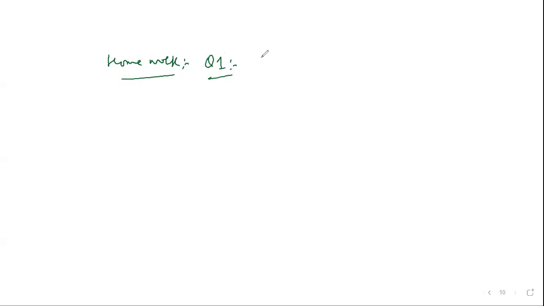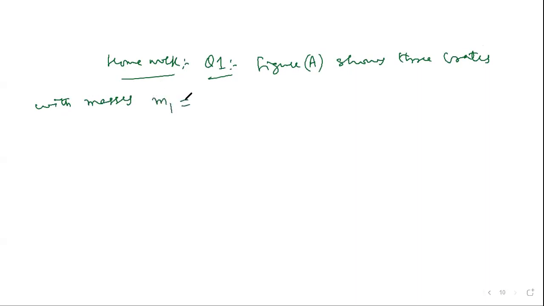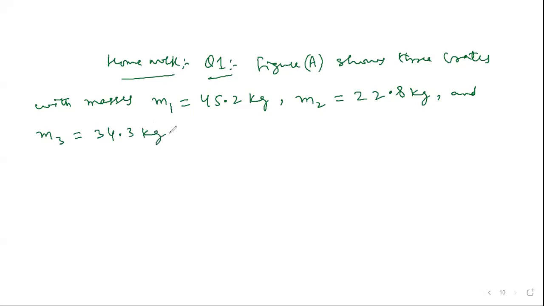Question says, figure A, I will give you the figure, shows 3 crates with masses M1 equal to 44.2 kg, M2 equal to 22.8 kg, and M3 equal to 34.3 kg on a horizontal frictionless surface.